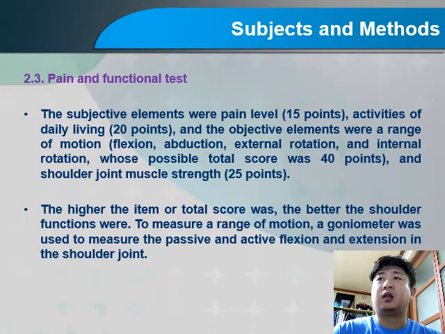The objective elements were range of motion, flexion, abduction, external rotation, and internal rotation, whose possible total score was 40 points, and shoulder joint muscle strength, 25 points. The higher the total score is, the better the shoulder function was. To measure range of motion, a goniometer was used to measure the passive and active flexion and extension in shoulder joints.